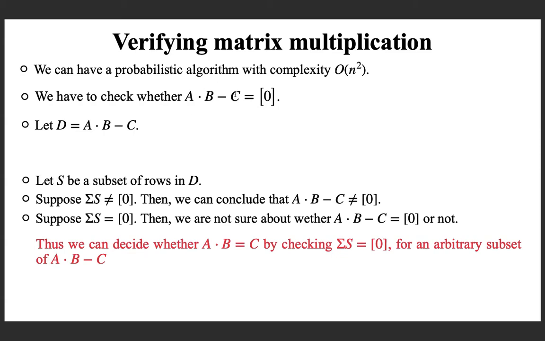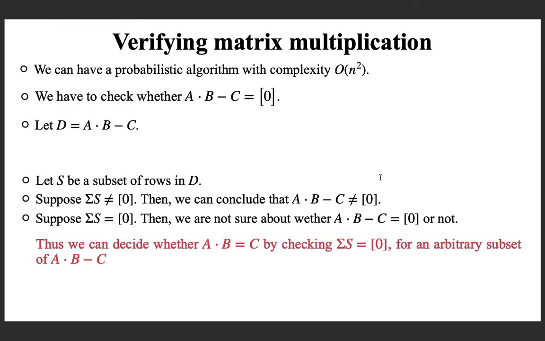So, we want to check whether the LHS matrix is the 0 matrix. For that, we just found a way of doing it. What is it? You find a subset of rows of that matrix and find the sum. You are getting a row vector. You see whether that is 0 or not.